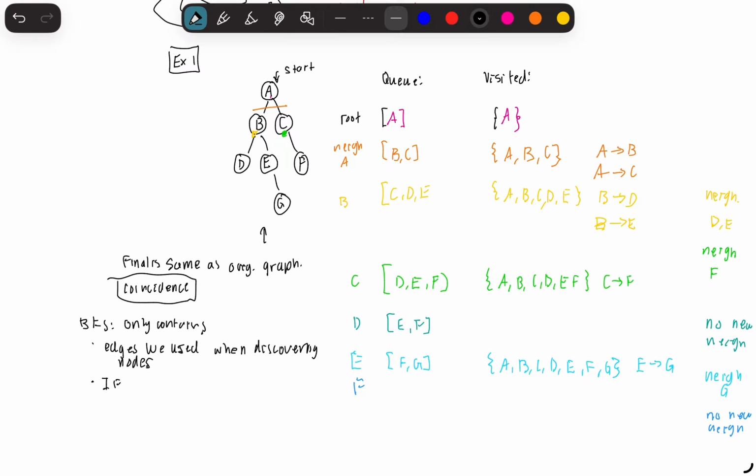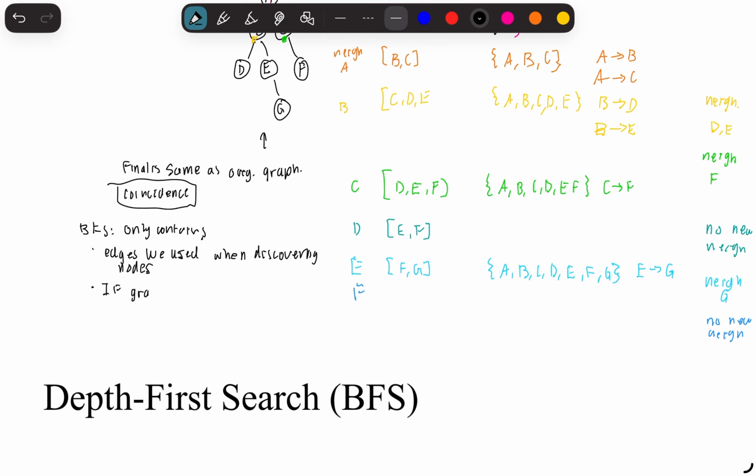So if the graph had extra edges, they wouldn't appear in the BFS tree.